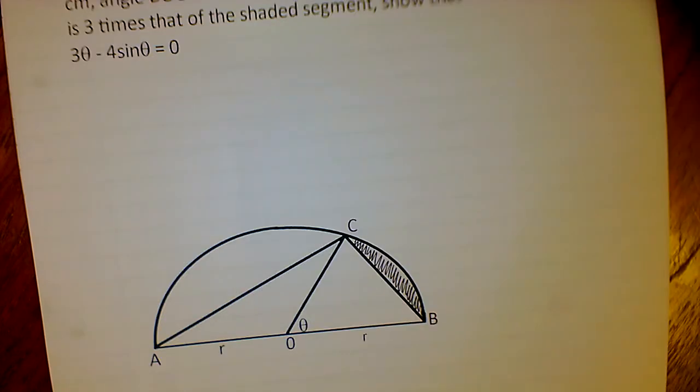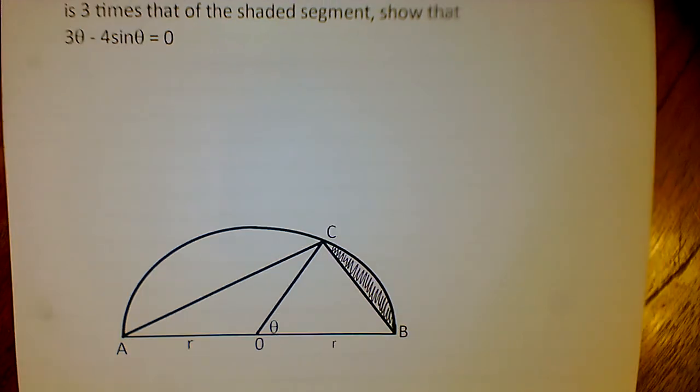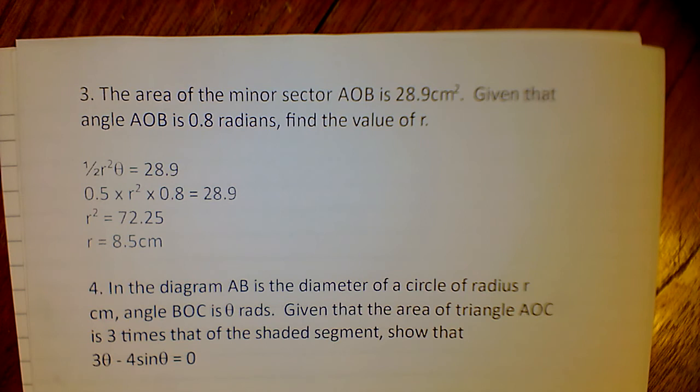Our third one then, the area of the minor sector AOB is 29.8. Given that the angle AOB is 0.8 radians, find the value of r.